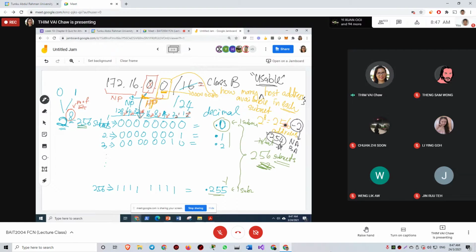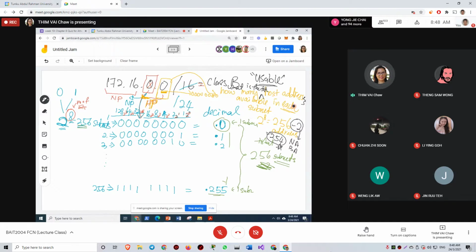So in this case, if the question did not mention usable, and only asks what is the total number of host addresses, without the word usable, you no need to minus 2. Usually questions are asked like that, so be careful about the word usable, minus 2.